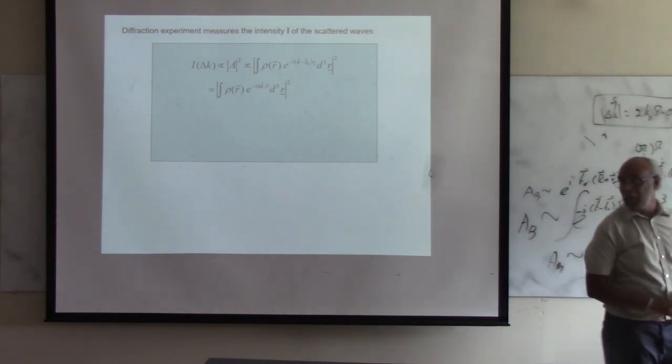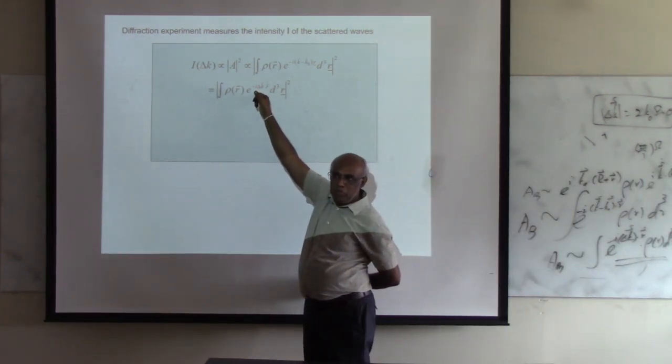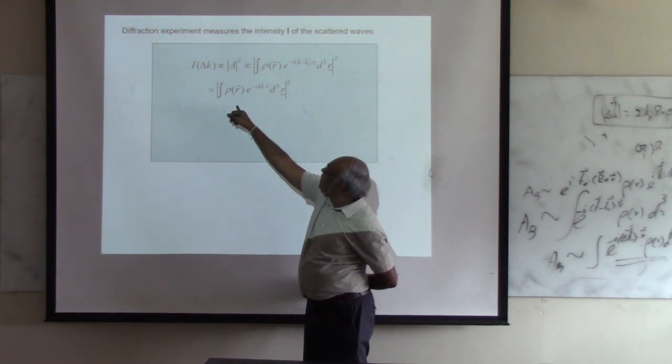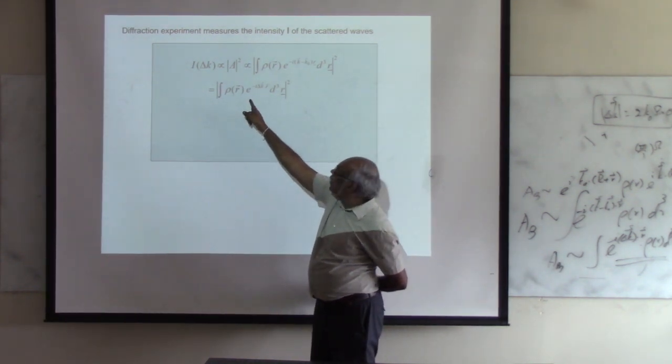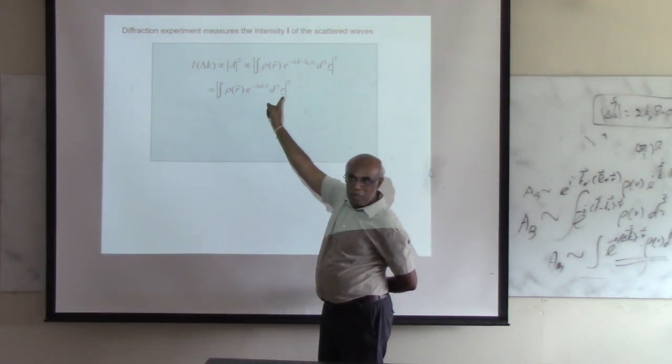Now you can see, ideally, what is this delta K? That becomes G. So now you should remember what we learned before. Rho r times e to the minus i G dot r. You remember from the previous class?